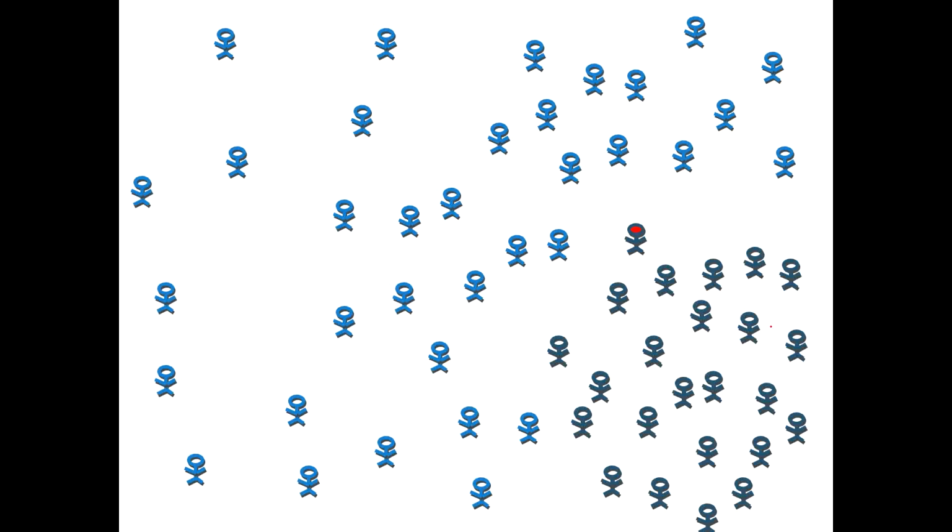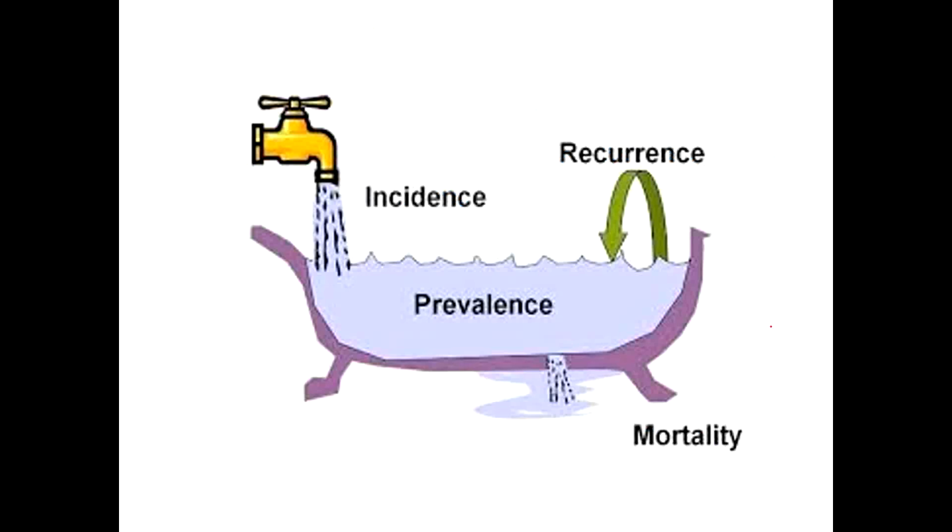It means there is a difference not only in the numerator but also in the denominator, where for the incidence rate you will take only the susceptible population or only the population at risk.